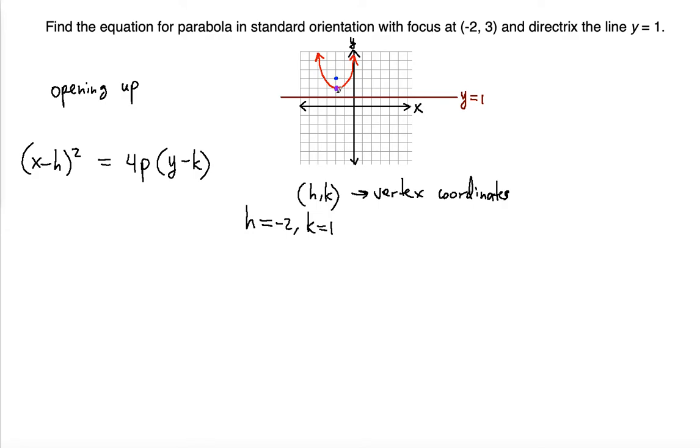So -2 is pretty easy to see, but for k, if you want to know algebraically how to get k, just simply get k by finding the average of the focus and the directrix, right? So it's going to be 1, the y value of the directrix, plus 3, the y value of the focus, divided by 2, right?